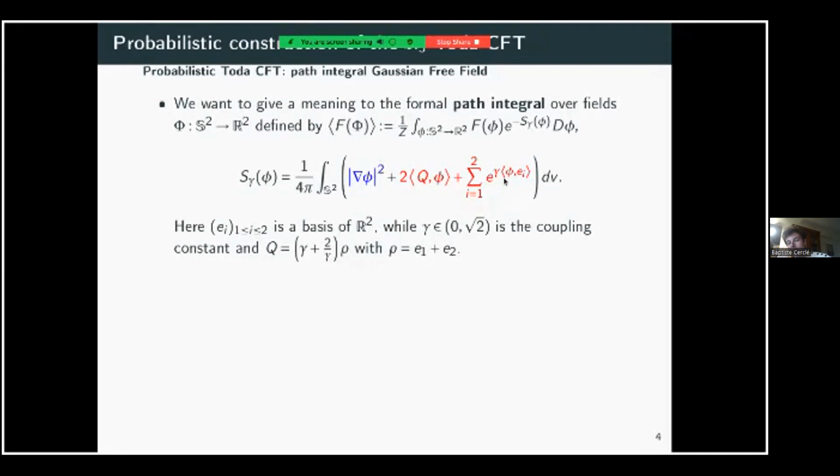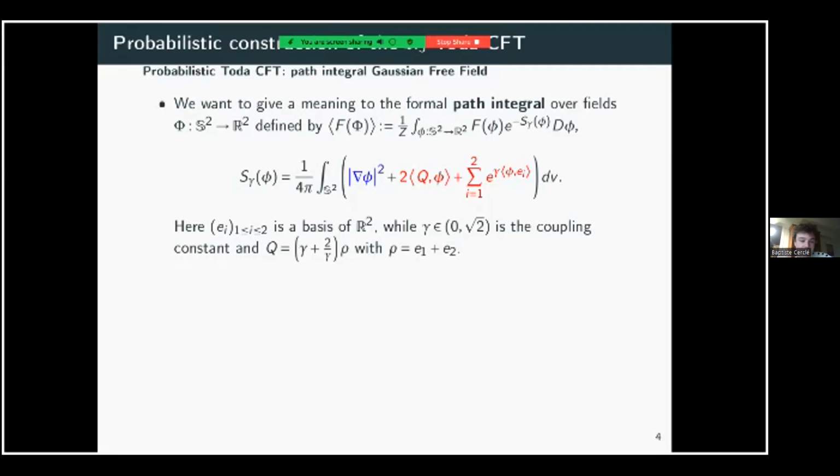In Liouville theory, you have this exponential of gamma phi. In Toda CFT, you have two such exponential potentials. And you have your two-dimensional field, and these two potentials just correspond to your field projected in some direction of the space.